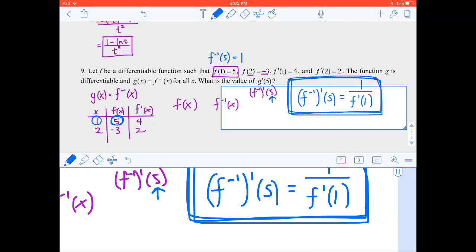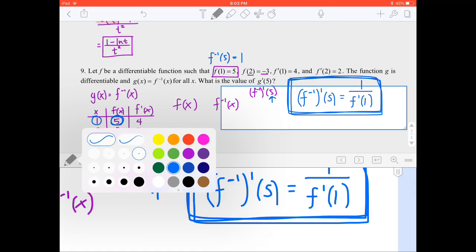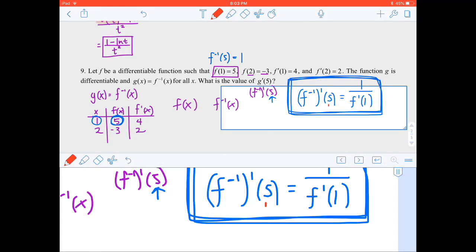A little tricky, a little hard to wrap your mind around sometimes, but this x value is the x value of the inverse function, but it's really f of x. And that transforms into this x value here.